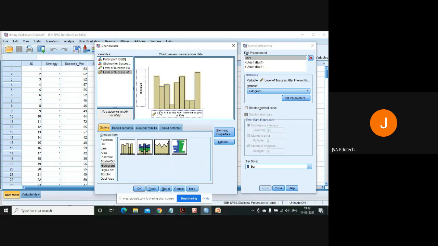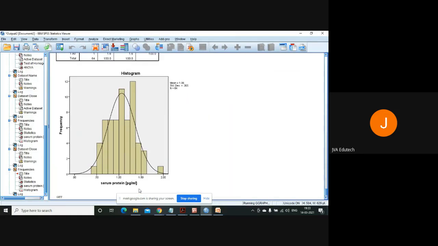And then a simple histogram I want to make. Okay, level of success after 5 years. And now you can see that the histogram preview is there. And this is a preview only. So to draw the actual histogram, you have to select OK.